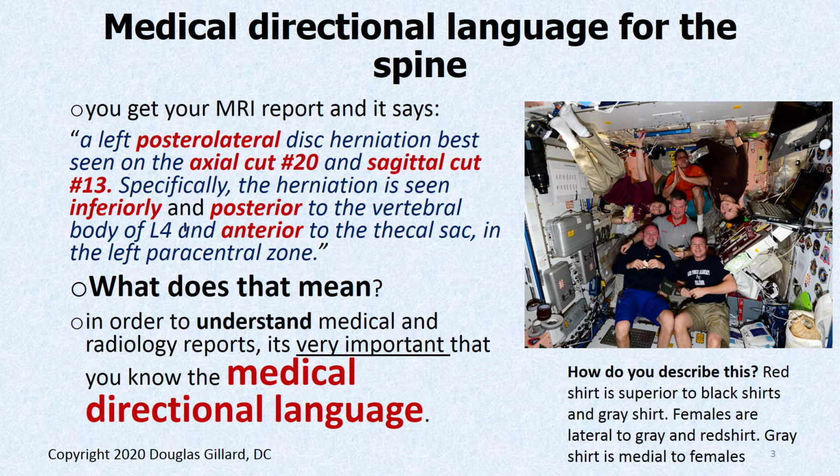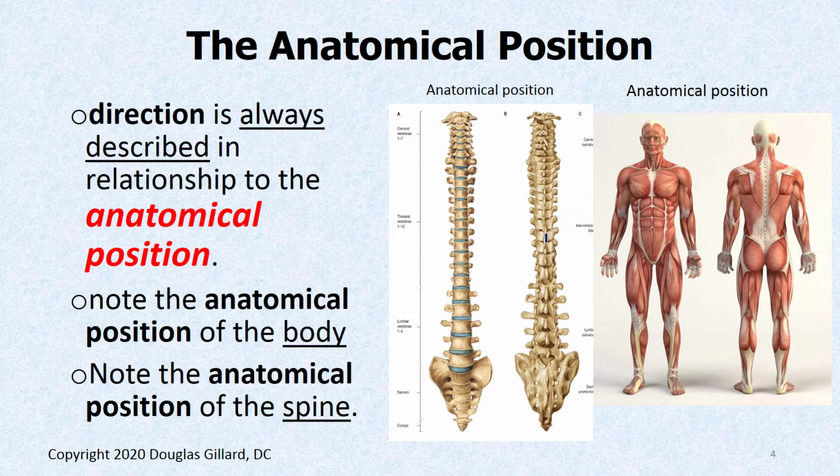Specifically, the herniation is seen inferior and posteriorly to the vertebral body of L4 and anterior to the thecal sac. If you understand this video, you'll know exactly what this means. So important stuff here. That's medical directional language. Here's an example. Which way's up and which way's down? Sometimes it's hard to tell unless you understand the words.